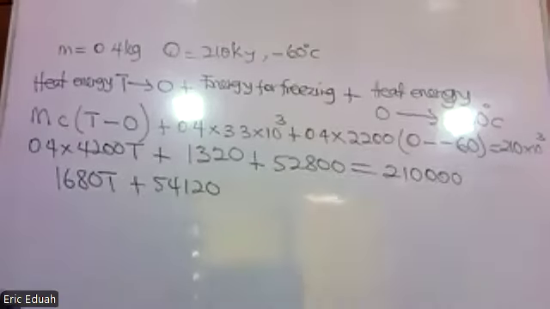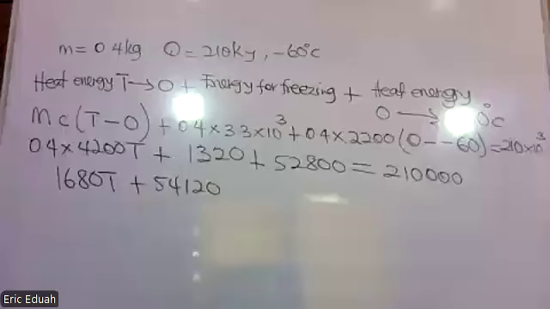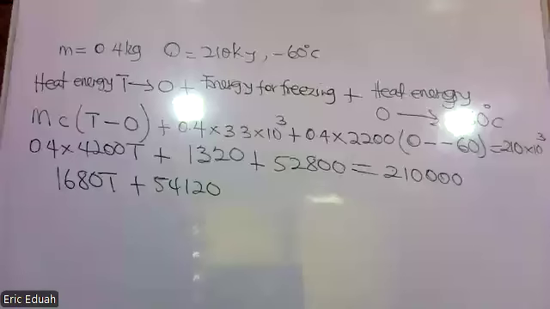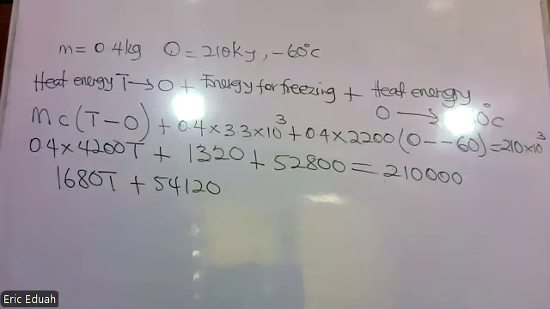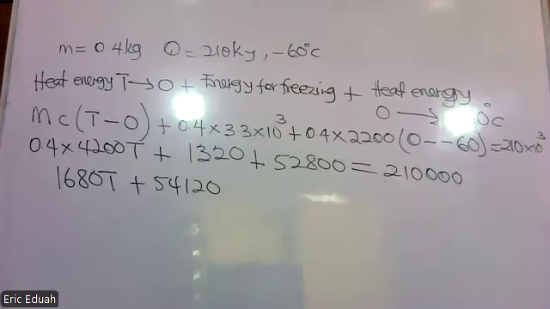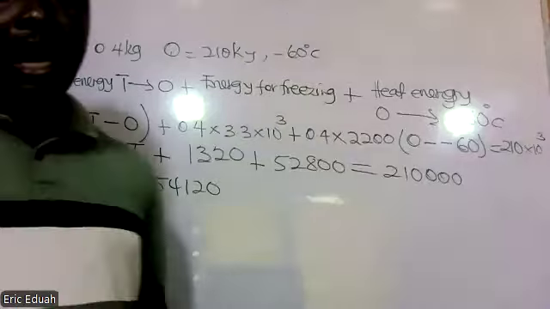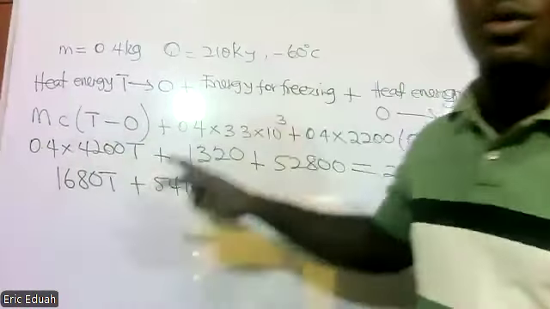Festus, your hand is up. So please, when you're calculating for the first heat energy, why did you use the temperatures? Why did I use temperature as what? The temperature T minus 0. Okay, we don't know the temperature of the water on Earth.